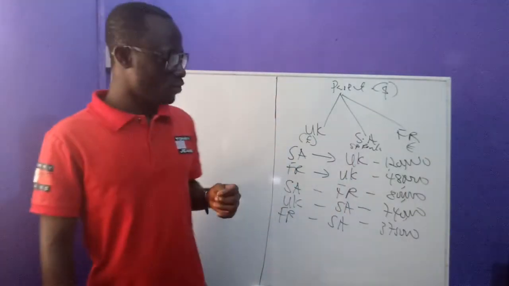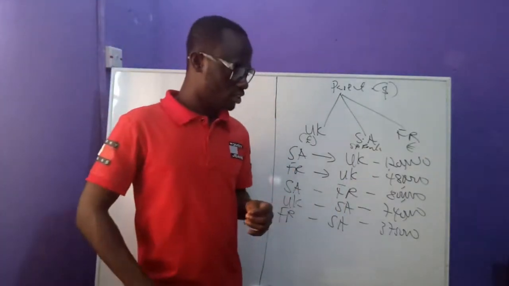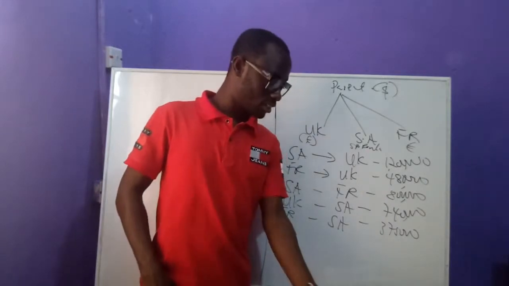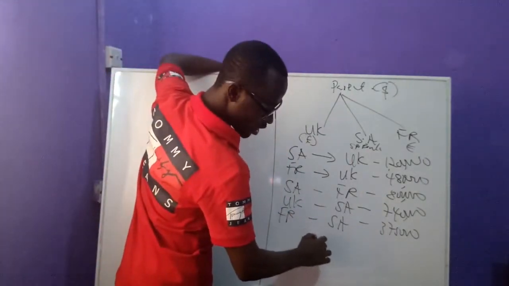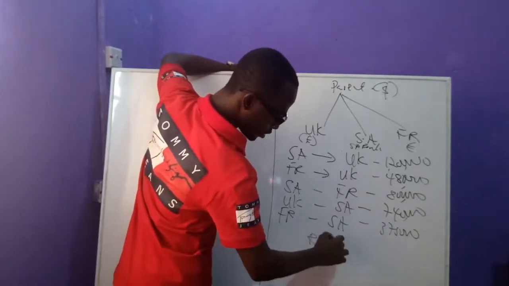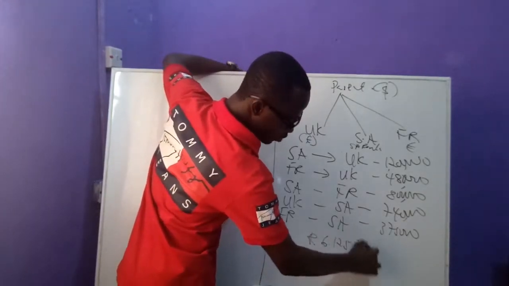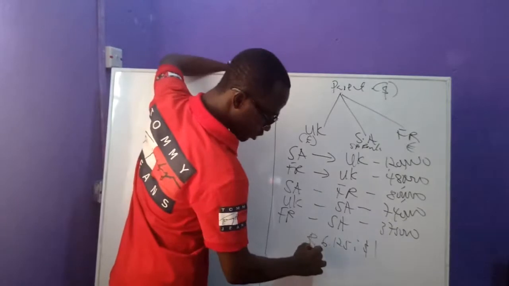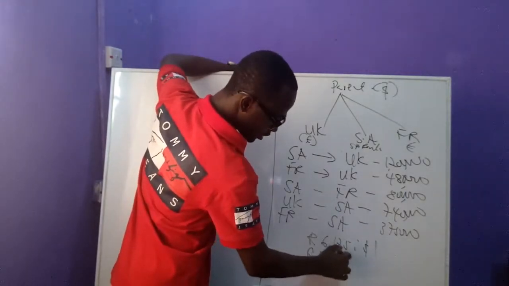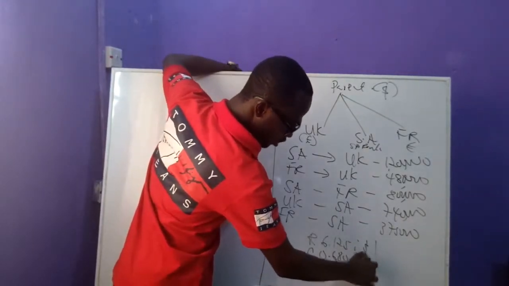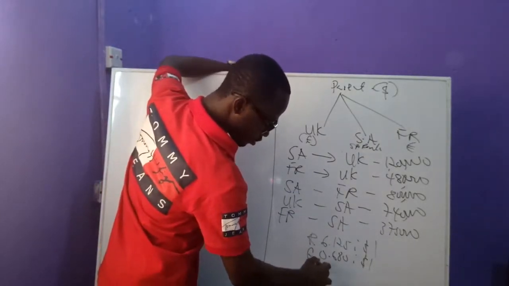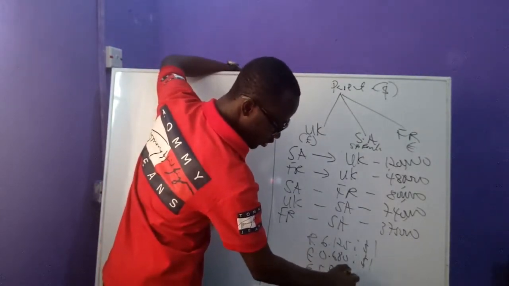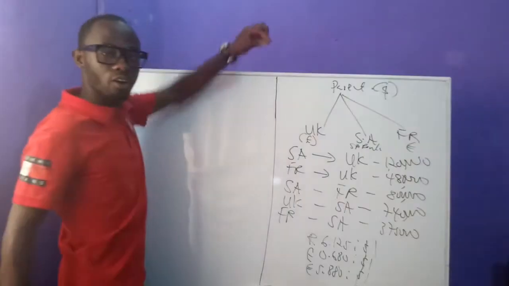Then we are given the following exchange rates to translate the balances. We are told that 6.125 rand is to $1, 0.680 pound is $1, and 5.880 euros equals $1.